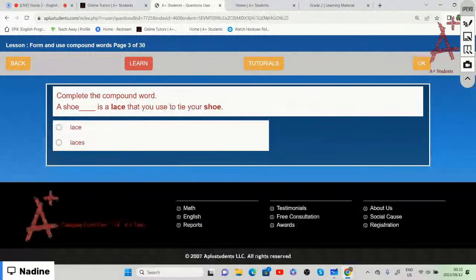A shoe what is a lace that you use to tie your shoes. So a lace to tie your shoes, right? Which means, is it a shoelace or a shoelaces? We need to choose between lace or laces.